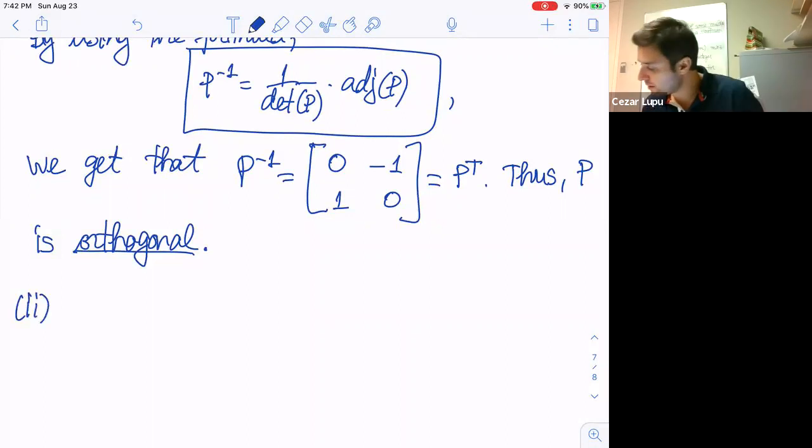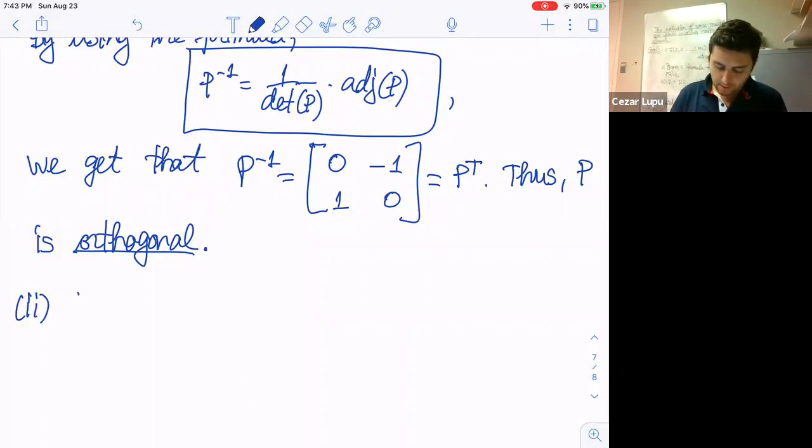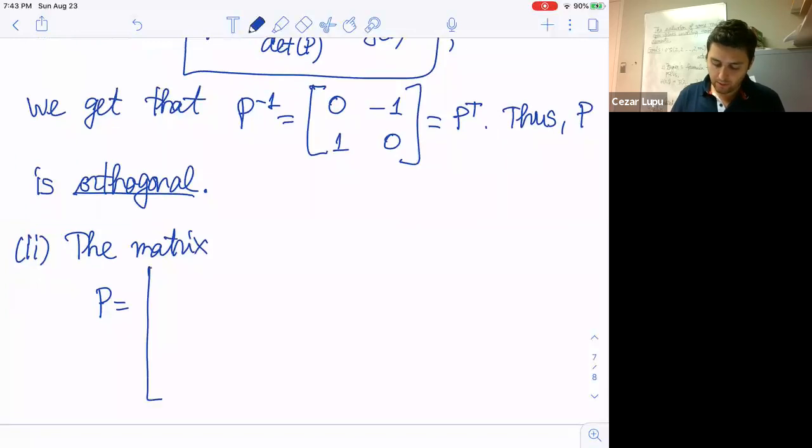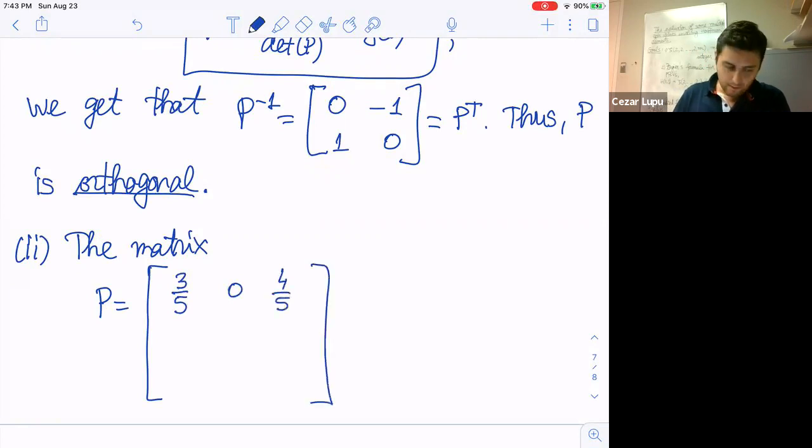Let's say the matrix P is the following: 3 over 5, 0, 4 over 5; 0, 1, 0; and the last row is negative 4 over 5, 0, 3 over 5.